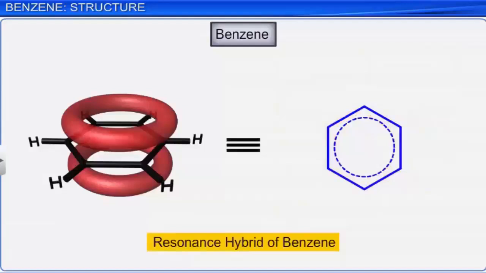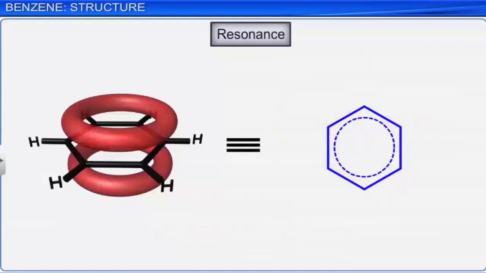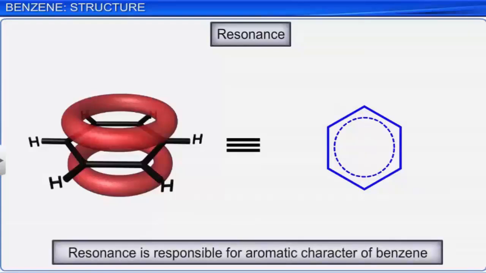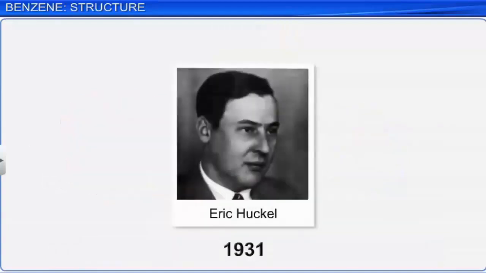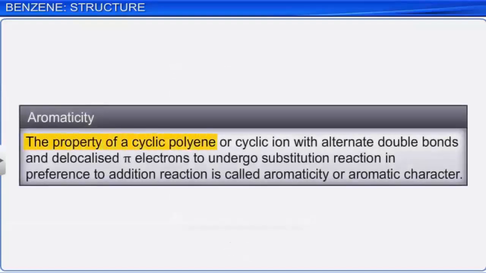We know that the stabilization of benzene takes place due to resonance, which is also responsible for its aromatic character. In 1931, Erich Hückel proposed the modern theory of aromaticity, or aromatic character of compounds. The property of a cyclic polyene or cyclic ion with alternate double bonds and delocalized pi electrons to undergo substitution reaction in preference to addition reaction is called aromaticity or aromatic character.